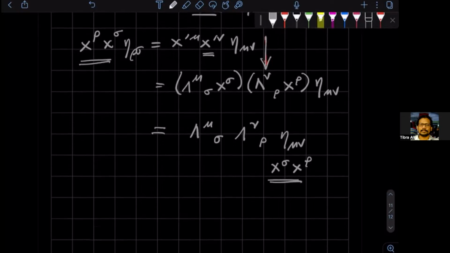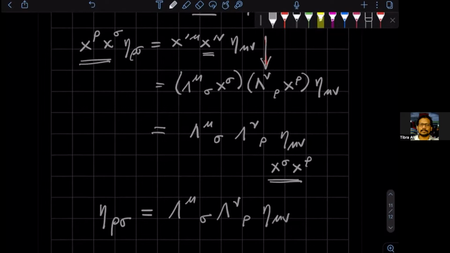So for this equation to be true, eta rho sigma must be equal to lambda mu sigma lambda nu rho eta mu nu. So the lambda matrices must satisfy this condition for the interval to remain invariant. Sorry, I'm making things worse.